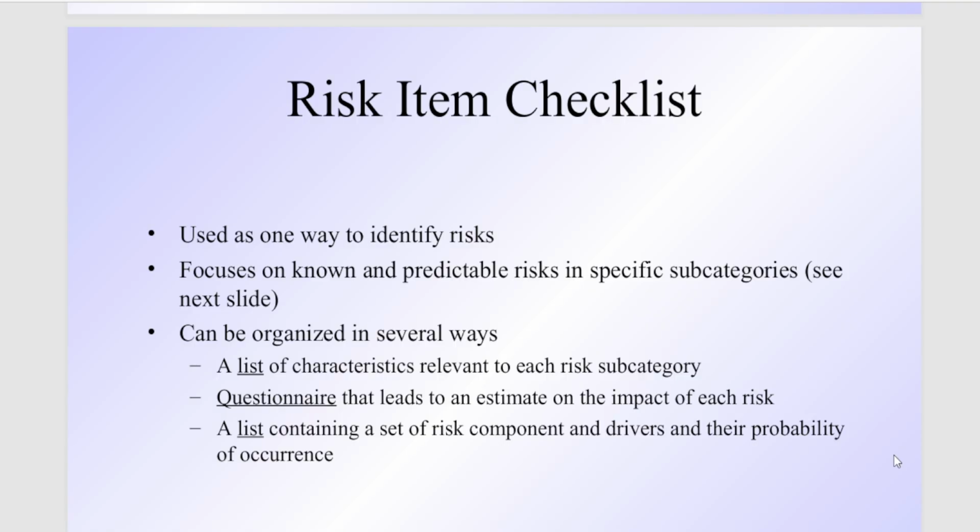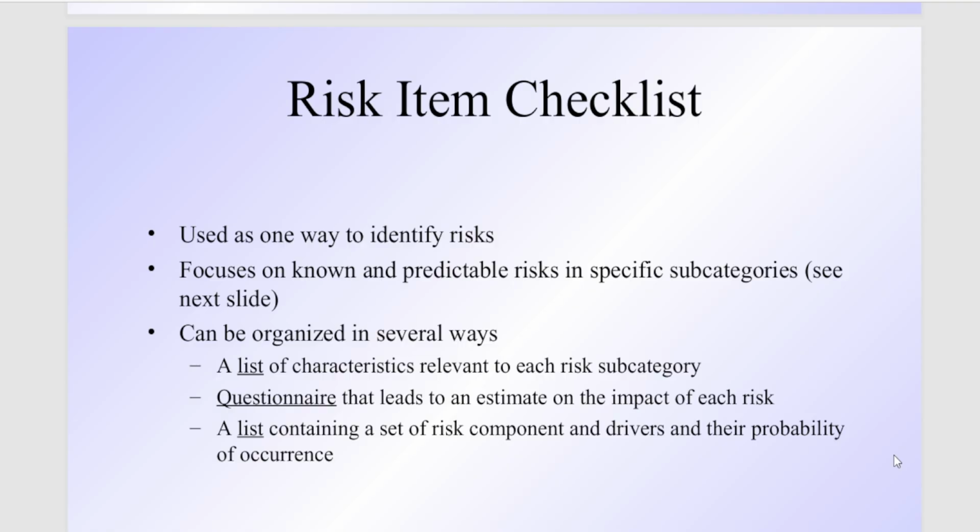We can organize this in several ways. One is we can create a list with a category and a subcategory. Otherwise, we can have a questionnaire that can lead to an estimate of the impact of risk. We can ask multiple people what they think the impact will be, and then generalize it as per our knowledge.